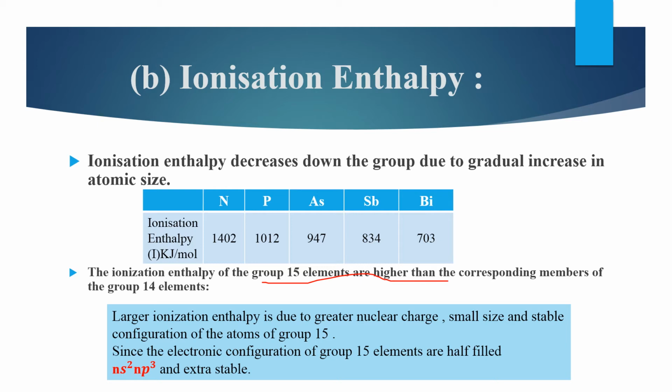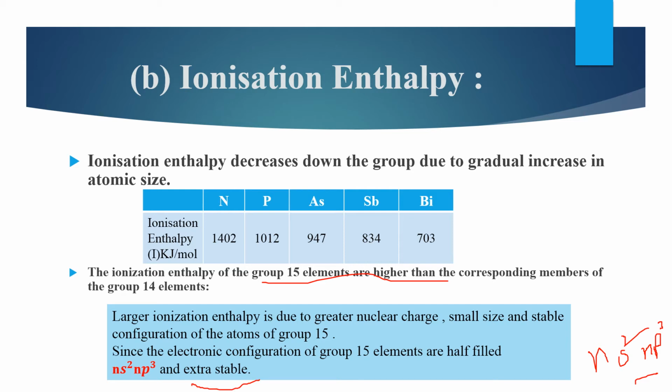And as the electronic configuration of group 15 is stable, we know that for group 15 the configuration is ns2 np3, which is a stable electronic configuration because p is half filled here, and the half filled orbital has extra stability.